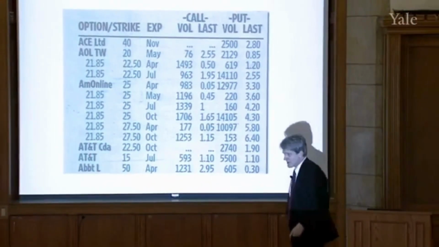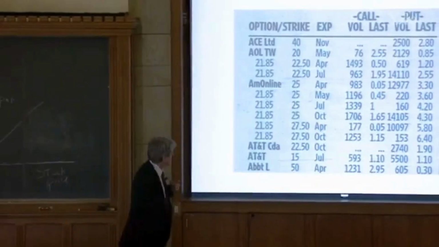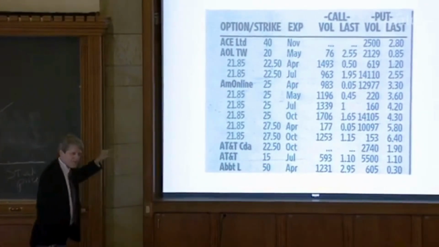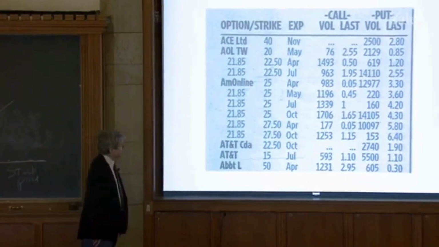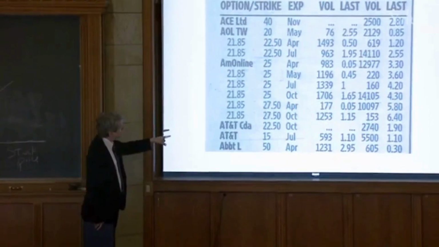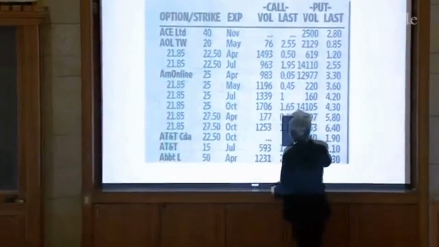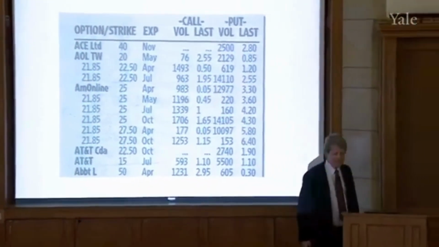I can't do the arithmetic in my head, but it may not hold exactly because these prices may not all have been quoted at exactly the same time, and there are some transaction costs that limit this. Do you see that now? Because of the put-call parity relation, the Wall Street Journal didn't even need to bother to put the put prices in because you can get one from the other.